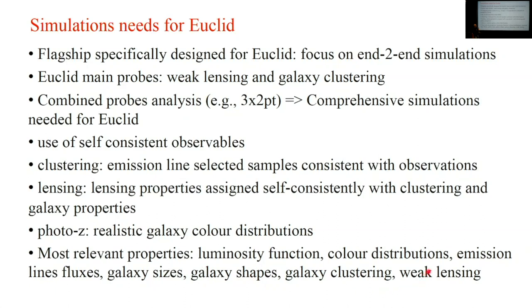We also have all the weak lensing properties. And we have, self-consistently from the same simulation, lensing and clustering together. So whenever you do this now popular 3x2 point statistics, you are drawing from the same matter distribution for the clustering and the lensing.